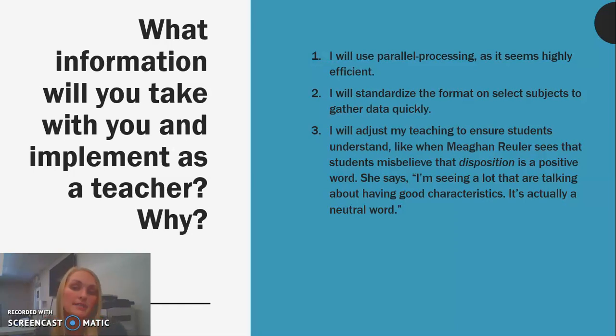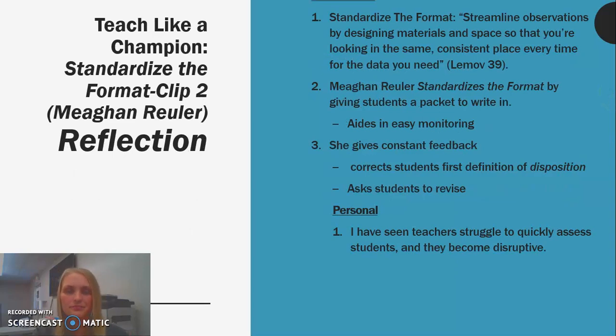She said, I'm seeing a lot that are talking about having good characteristics. It's actually a neutral word. She told them to circle the word neutral. So she addressed it very quickly. She noticed that it was something her students were a little confused about, and that's definitely something I will do also.